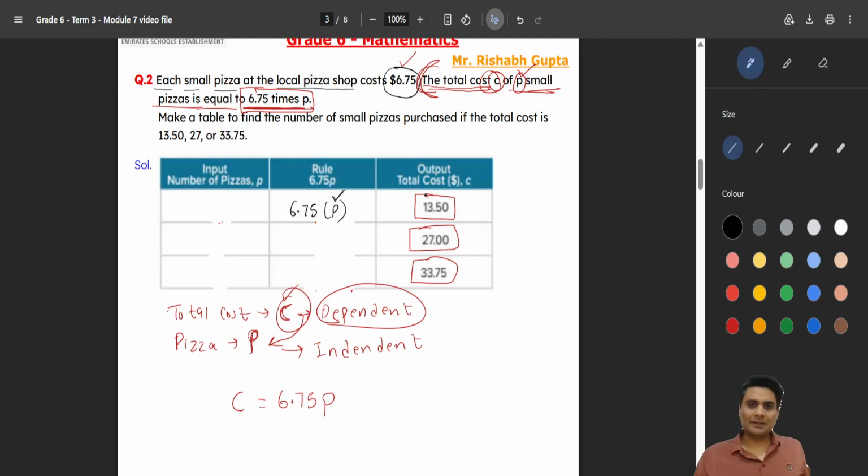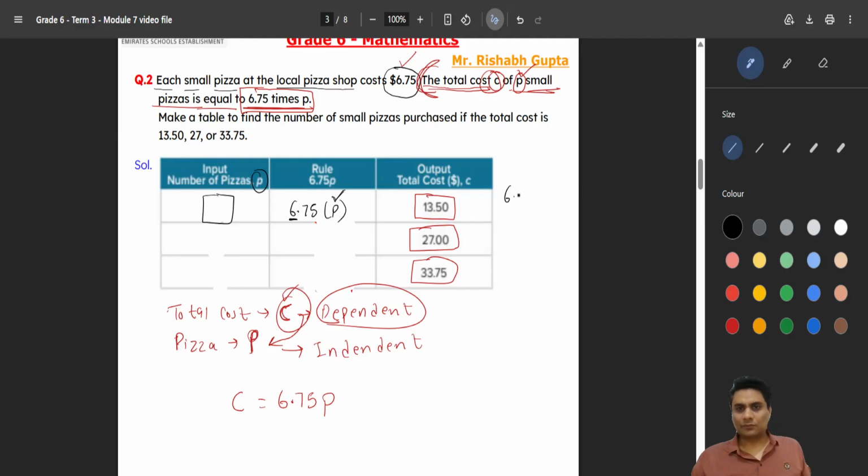If I can think about that, I will get the P. Now see, this is 6 here in the starting, and here I have 13 in the starting. 6 times how much will give me close to 13? Everyone knows 6 times 2 is 12. So maybe 6.75 times 2 will give me 13.5.